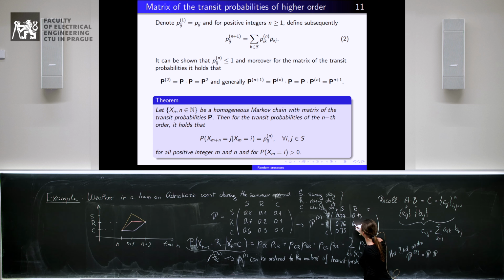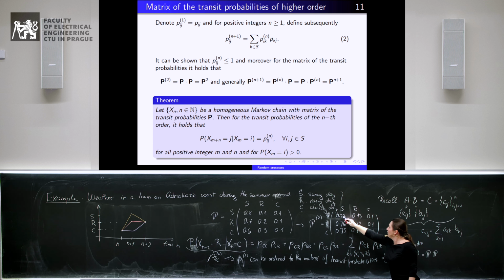0.13, 0.12, and 0.11 are the probabilities in the second column, and 0.1, 0.1, 0.1 are the probabilities in the third column.